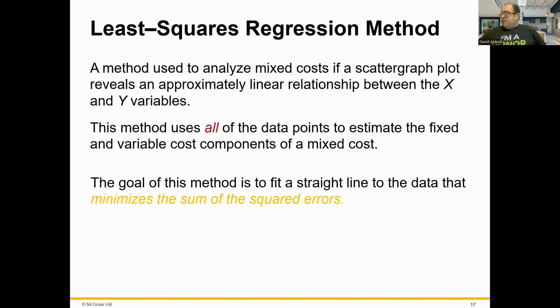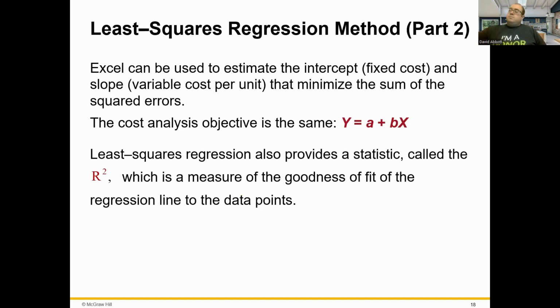Fortunately, Excel can be used to estimate the intercept, or the fixed cost, and the slope, which would be the variable cost per unit, that minimize the sum of squared errors. Excel can also provide a statistic called the R2, which is a measurement of the goodness of fit.